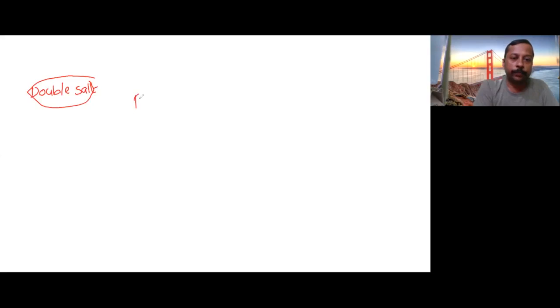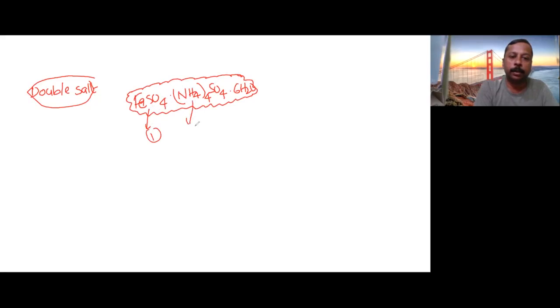For example, the first example is FeSO4. This itself is a salt, and it is along with ammonium sulfate, (NH4)2SO4, dot 6H2O. So this is the best example of a double salt. This is completely one salt only, but internally we find one salt of ferrous sulfate and another salt of ammonium sulfate. That's why this is called a double salt.